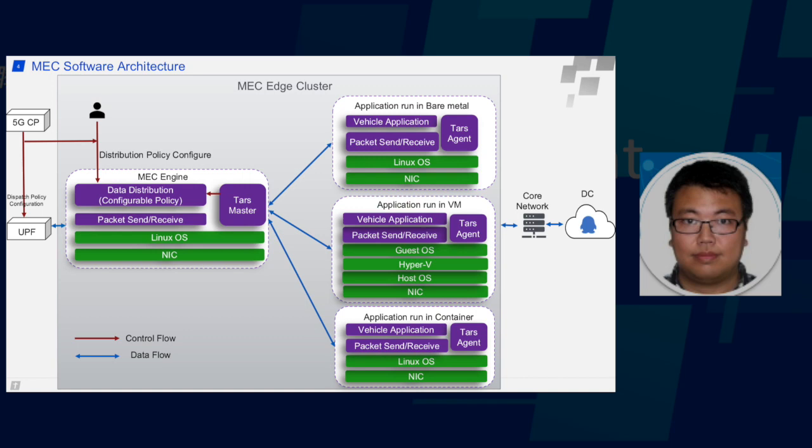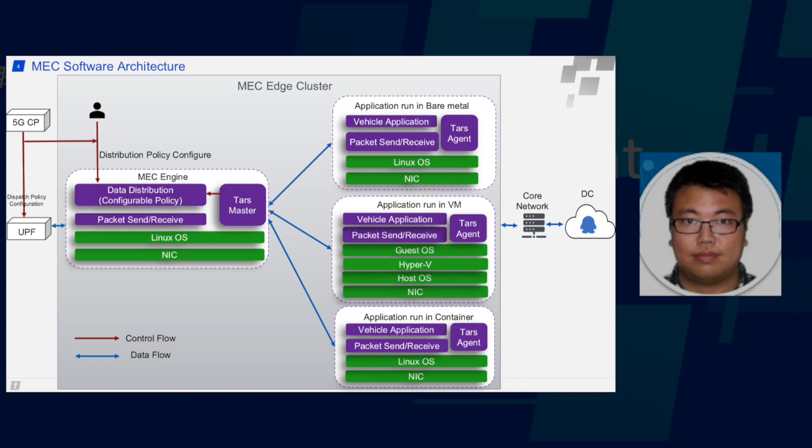So you can see on the rest of the three physical servers, we run vertical applications on top. You can see the vertical application runs here, right? And here we use TARS master to connect to the different physical servers. Actually, the TARS master talks to the TARS agent in each physical server.